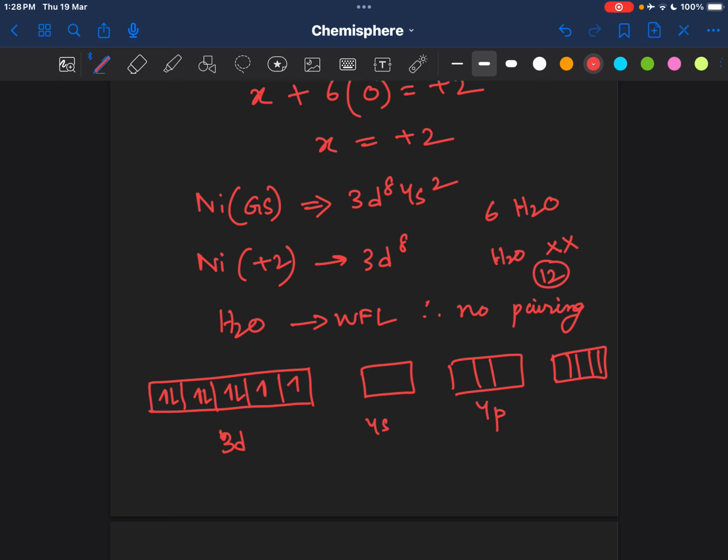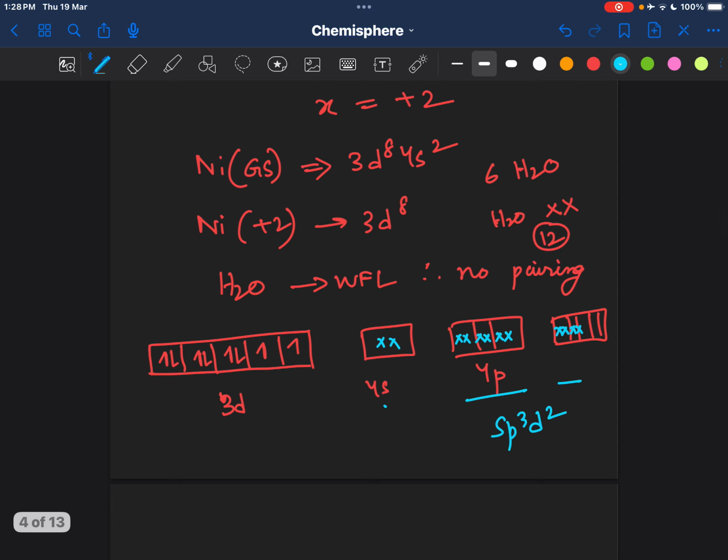The 12 electrons will be accommodated here: 1 2 3 4 5 6 7 8 9 10 11 12. So therefore the hybridization is sp3d2, so it is an octahedral complex. Okay, that's a different story. Here you can see that there are 2 unpaired electrons, so n is equal to 2 in this case.